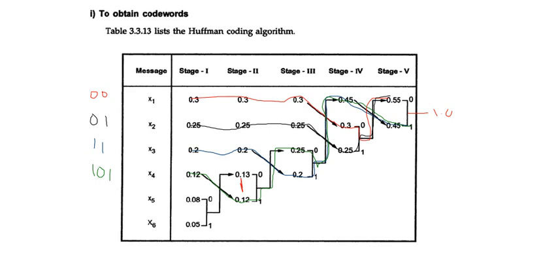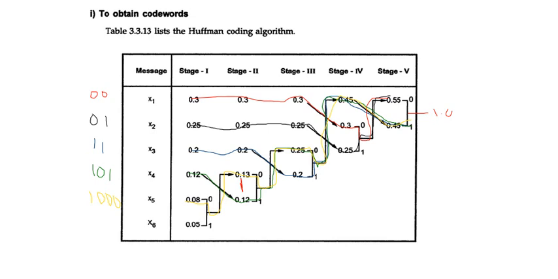And x5 is starting from here, going like this, finally reaching here. So 1 0 0 0, that is 1 followed by three zeros.